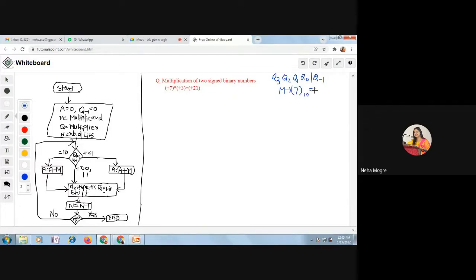And if I want to write in the form of binary, it will be 0111 in 4 bits form. Yes, ma'am. Okay, now what is the value of Q? Multiplier. 3. 3 to the base 10. In the form of binary.